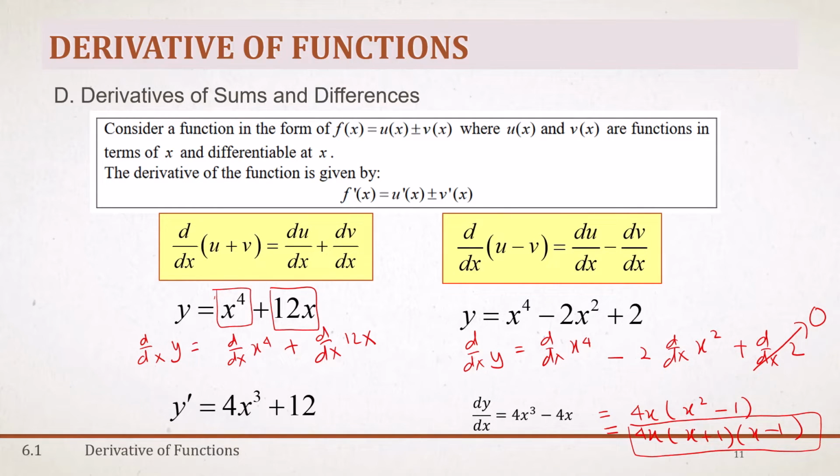But for this particular chapter, we don't need to factor it into the simplest form. You can just leave your answer as 4x cubed minus 4x. Maybe some of you will ask, is it compulsory to write this sentence? No. This is only to show you how we are going to use this particular formula.